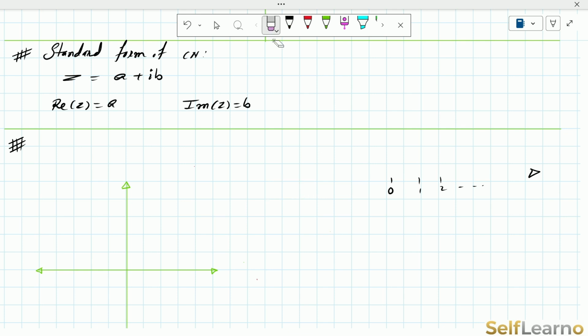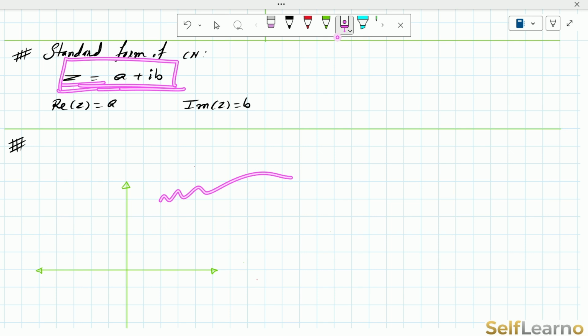But here, in this complex number, there are two parts, real and imaginary. So, to mention this complex number on a single line is quite impossible because it has two parts, real, and in addition to this real part, we have imaginary part.